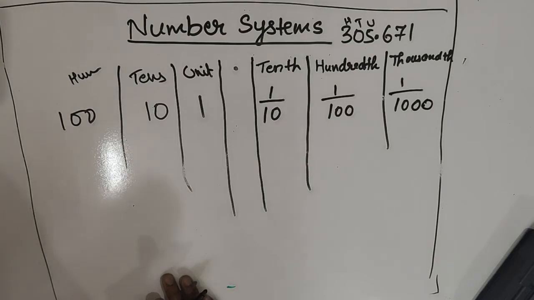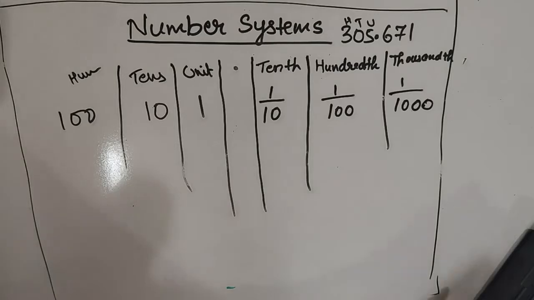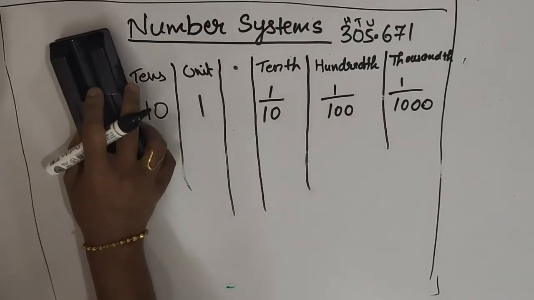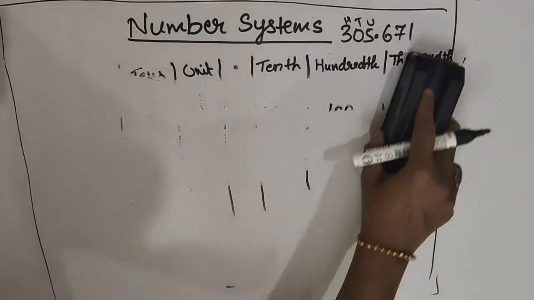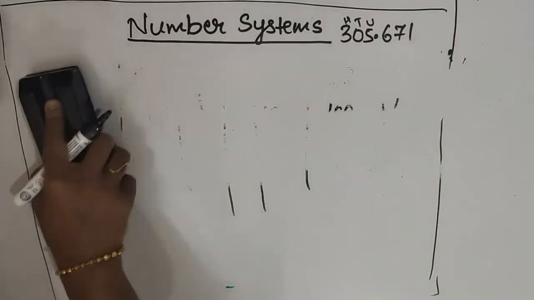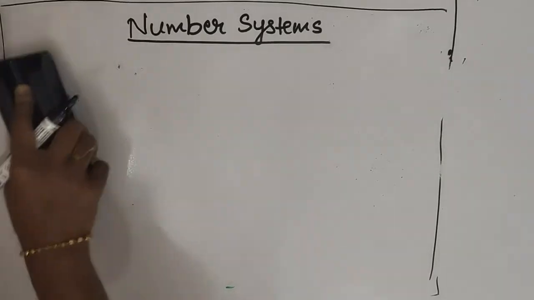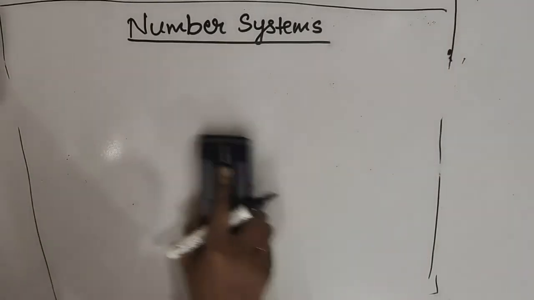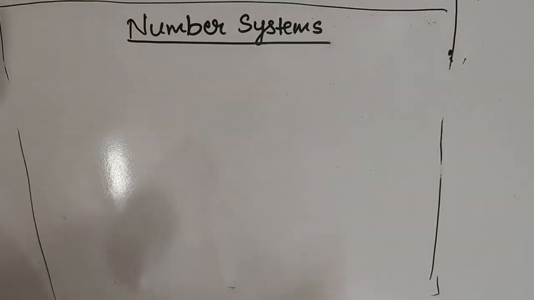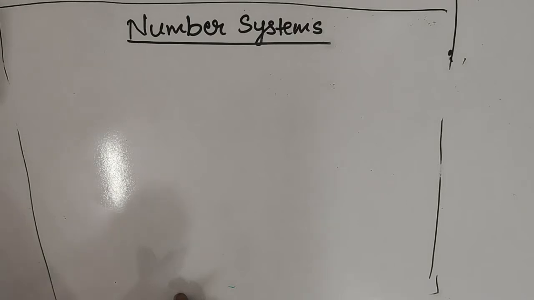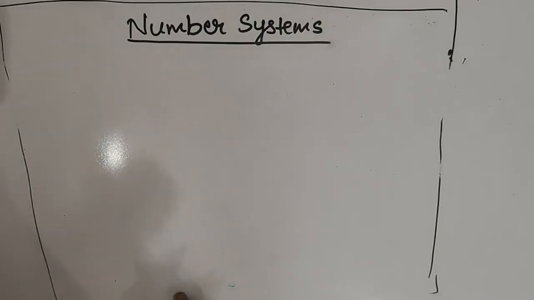Afterwards you will understand why I am saying this. Please remember. The place value chart is not in your syllabus; you completed it in your smaller classes. Just recall that memory.